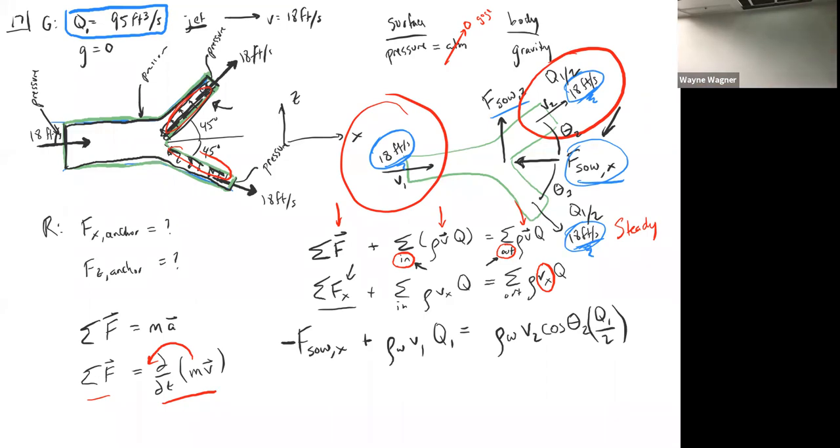So that's for location 2. And then we're going to do the same for location 3 down here. I don't think there's ultimately going to be any difference down here, but let's see. The density of water is the same. We're going to have V3 cosine of that same angle. I'm going to call it theta 3, although in this particular problem it's 45 degrees.